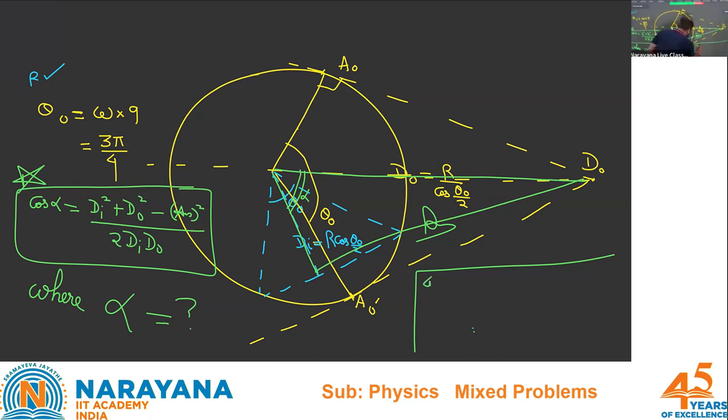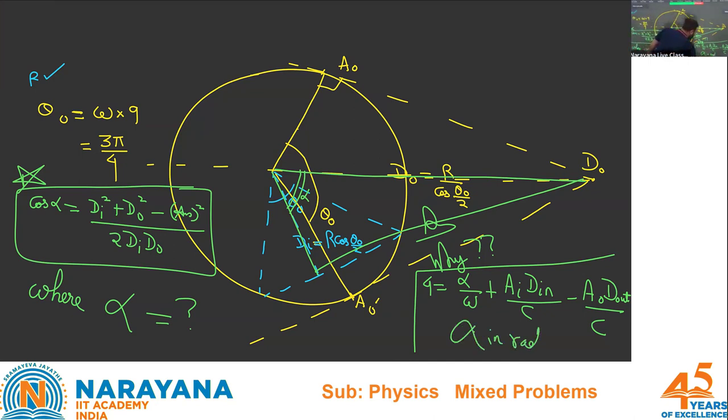So 4 seconds is alpha upon omega plus the distance of A I with D in, A I D in upon c minus A naught D out divided by c. Why? If this is justified, and angle here is in radians, alpha in radians, then we can find out the result.